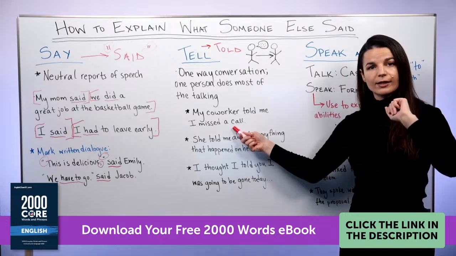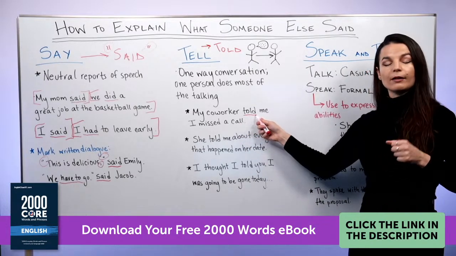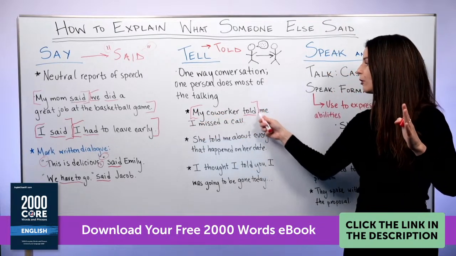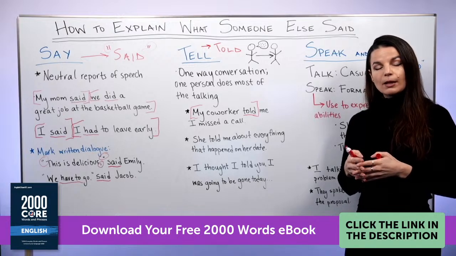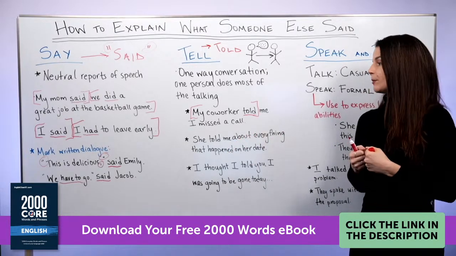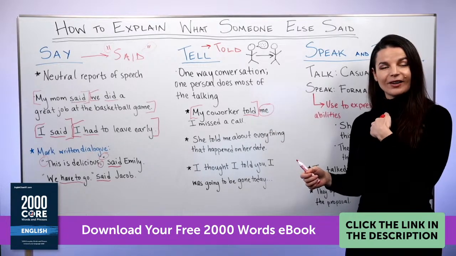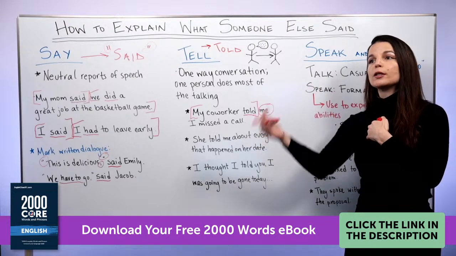So let's break this down. First, we have told. Here's our verb. So who did it? My coworker. Now, what we need to do when we use this verb is explain who received the information. In this case, me. So we cannot use I in this position. My coworker told me.